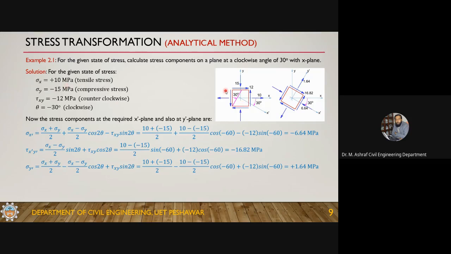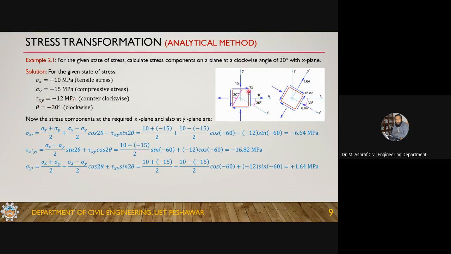According to our sign convention, sigma x is plus 10 because this is tensile. Sigma y is minus 15 because this is compression. Tau xy is minus 12. Why is this minus 12? You have to look at the x plane.